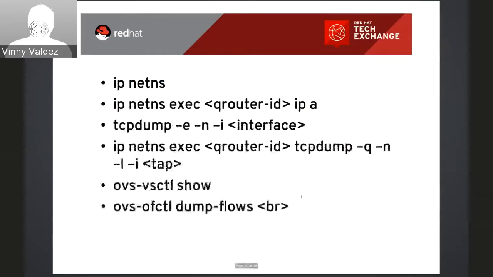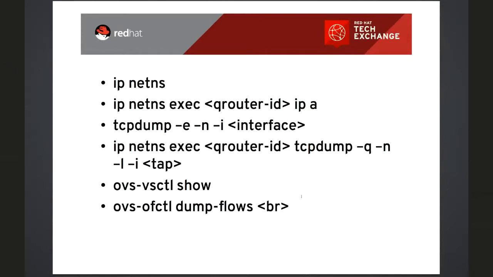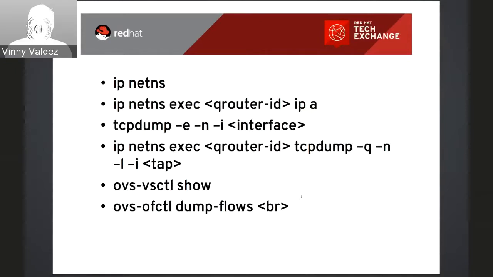So other commands that are helpful, ip netns. The netns subcommand to ip will give you a view of the different namespaces. So typically when you have one tenant, you'll see a qrouter-UUID as well as a qdhcp. So what you can do is an ip netns exec against that ID.